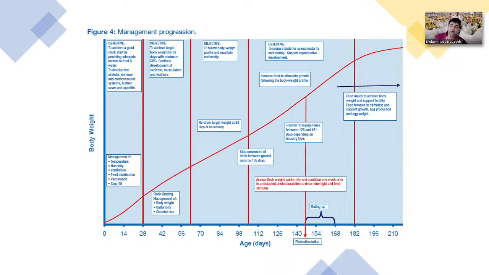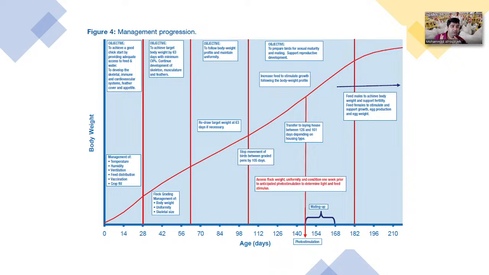Let's say if your average body weight is 2 kilograms or 2000 grams, so 10% of 2000 grams would be 200 grams. It means 2000 grams plus minus 200 grams, which would give you 1800 grams all the way to 2200 grams.